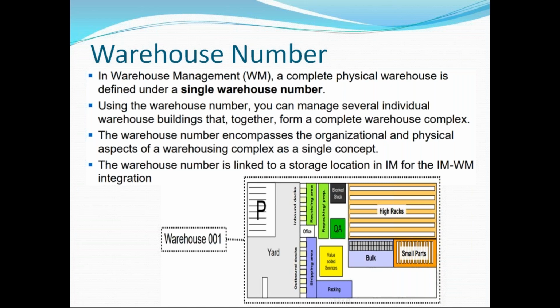So the shipping area is the location that connects the IM and WM. In the inbound we had the receiving area, but in the outbound, we have the shipping area for taking this material outside. Once the material comes onto the shipping area, it will move on to the outbound docks and be taken out with the transportation.